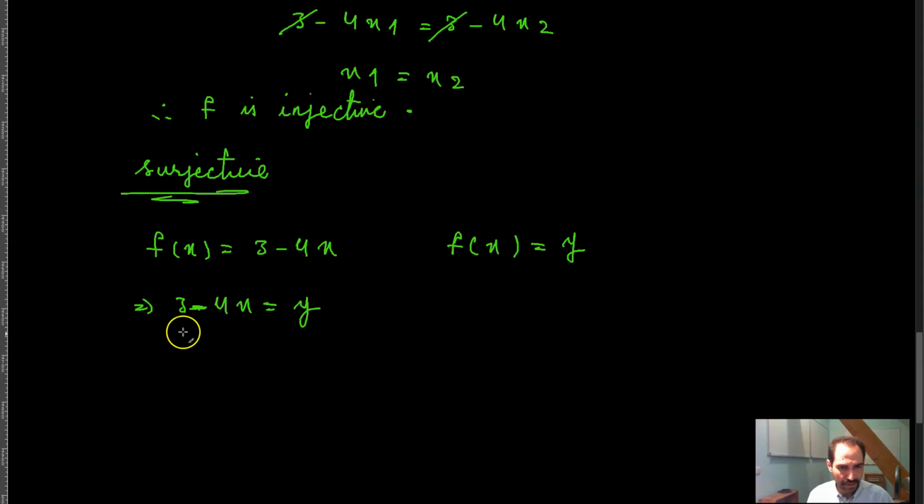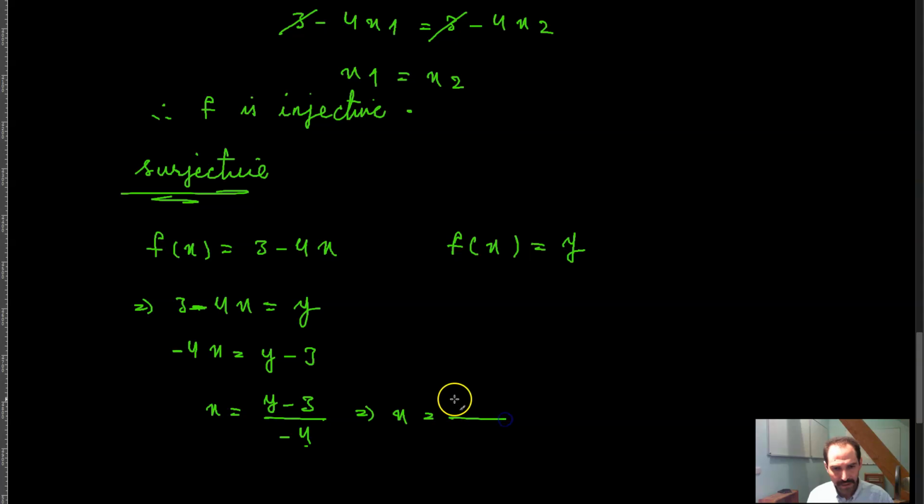I can write negative 4x is equal to y minus 3, and then divide by negative 4. Then that will give me x is equal to y minus 3 divided by negative 4, or I can write x as basically 3 minus y divided by 4.